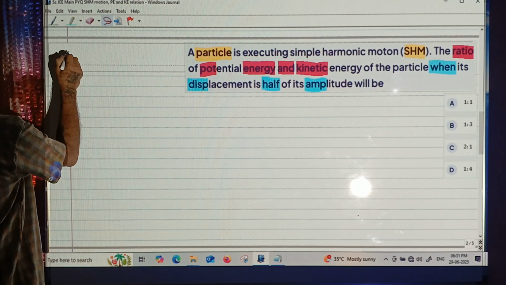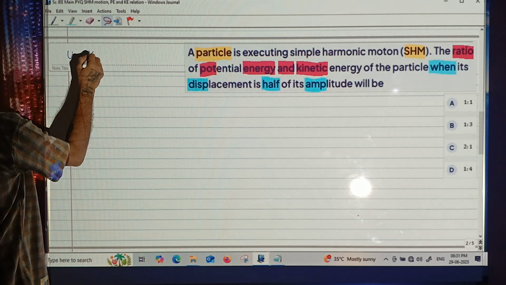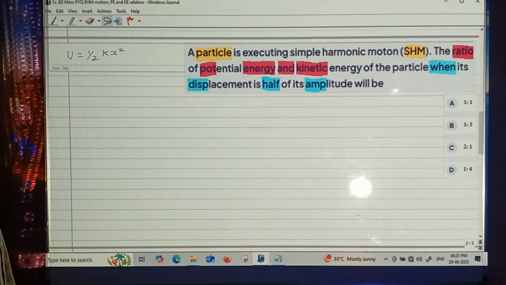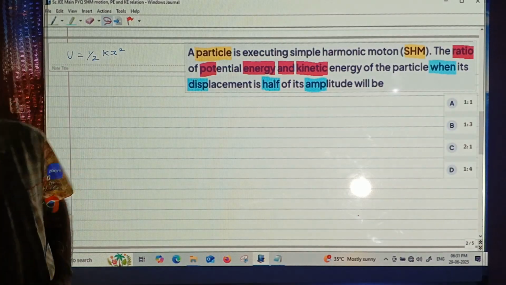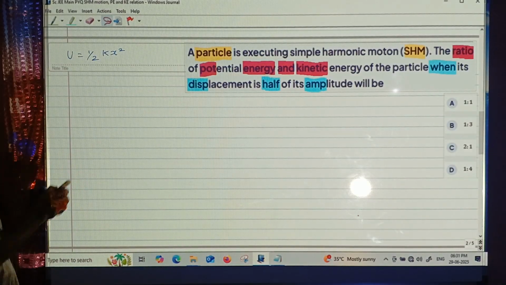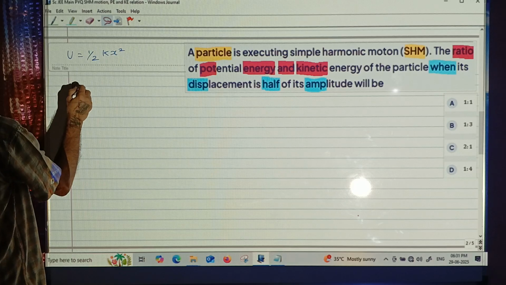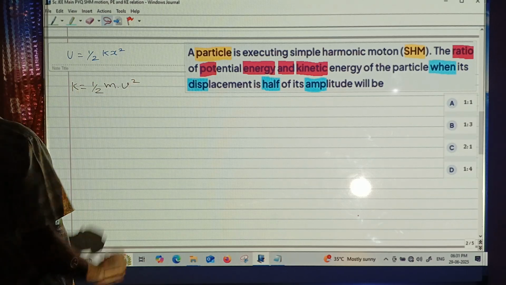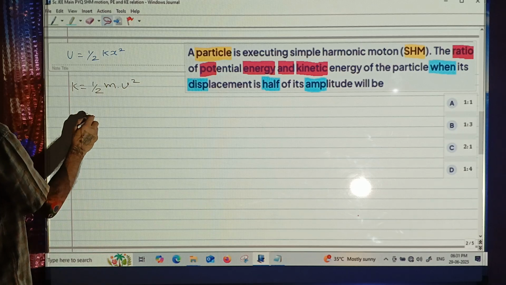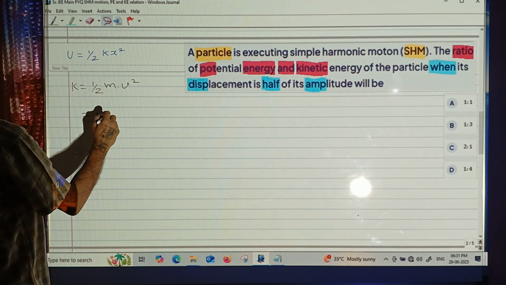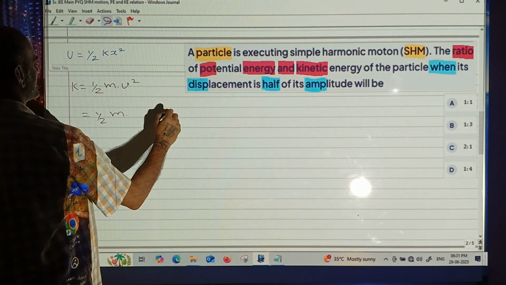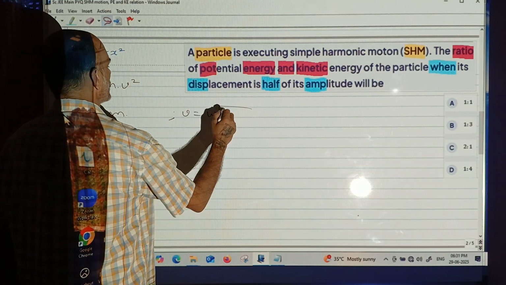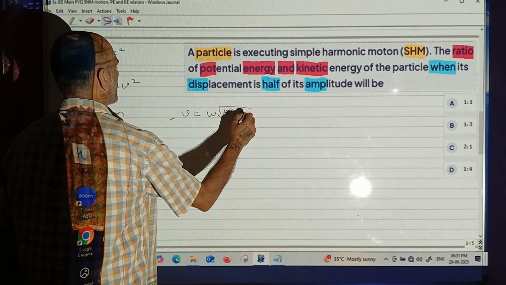So potential energy U is half k x square, and kinetic energy is half m v square. Here v is omega into square root of a square minus x square.